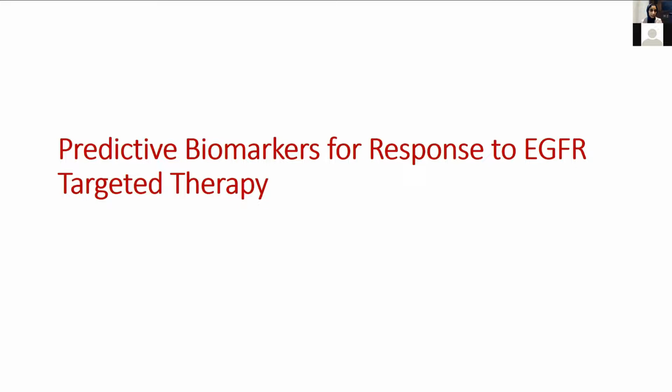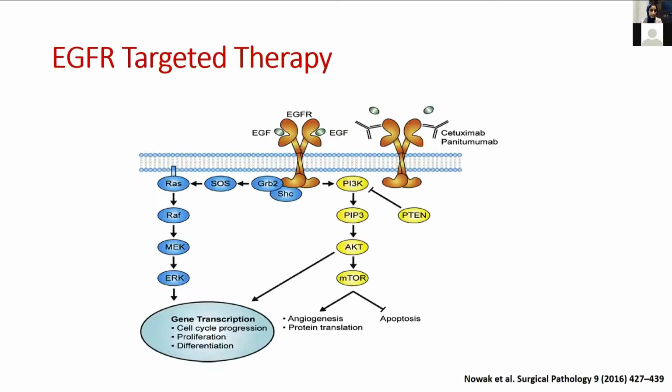Moving forward to predictive biomarkers for response to EGFR targeted therapy. EGFR targeted therapy is an important component of targeted therapy in colorectal cancer, mostly utilizing monoclonal antibodies, including cetuximab and panitumumab, targeting the EGFR receptors.